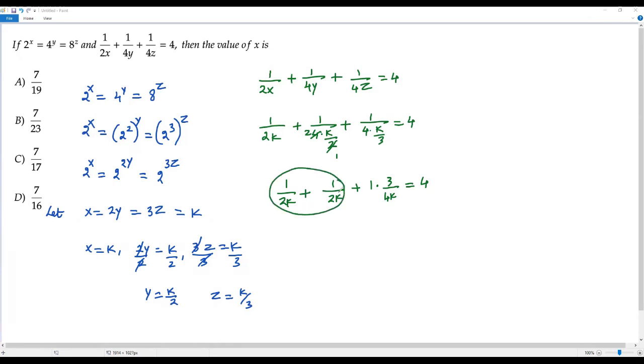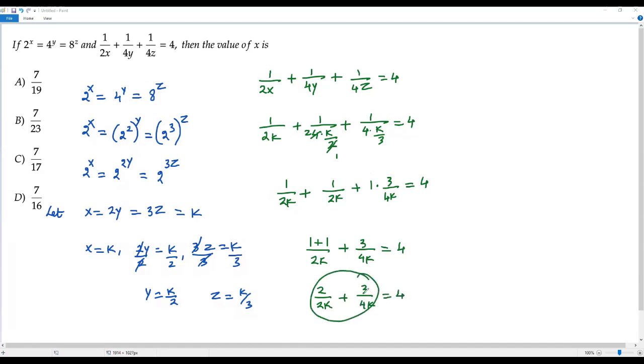Here we have addition of two fractions with the same denominator 2k. So we can take this 2k as a common denominator and we can add the numerators. That is 1 positive 1 over 2k, positive 1 times 3 is 3, that is 3 over 4k equals 4. Okay, here 1 positive 1 is 2, that is 2 over 2k positive 3 over 4k equals 4.